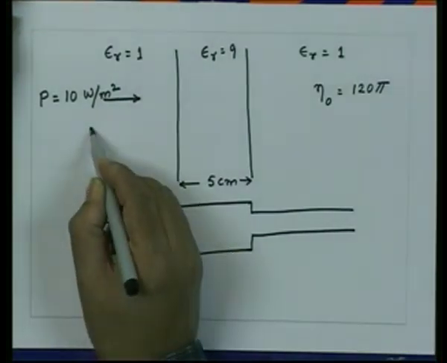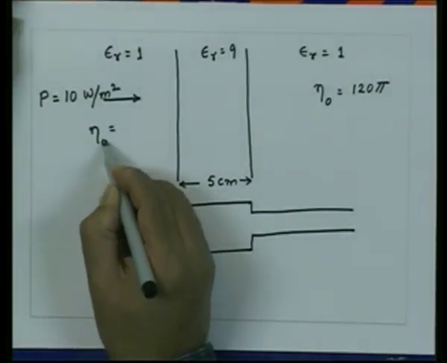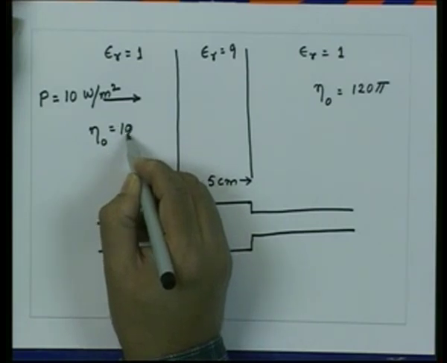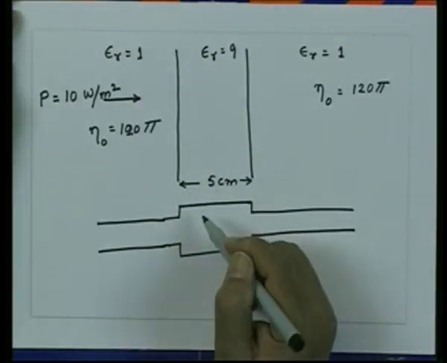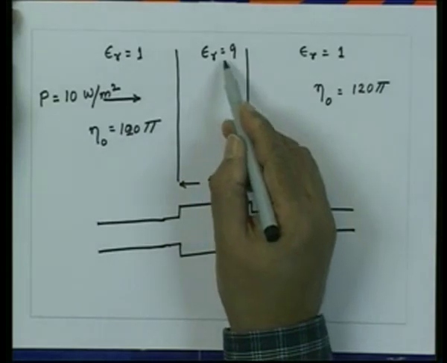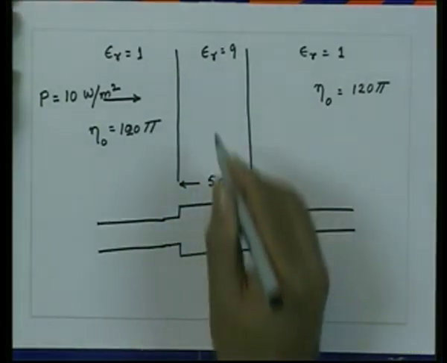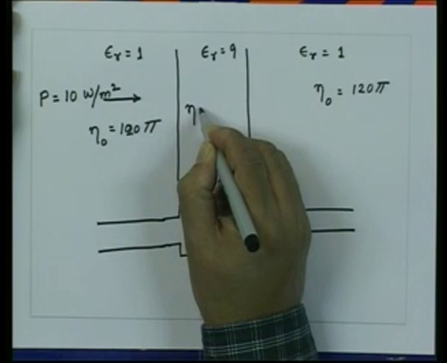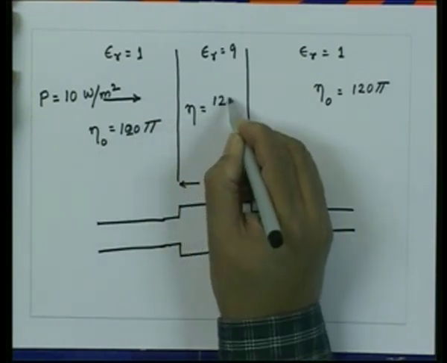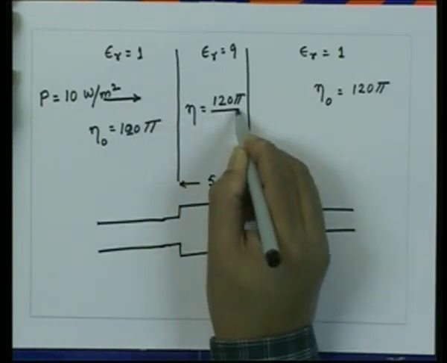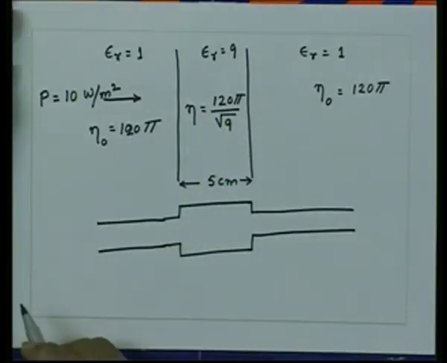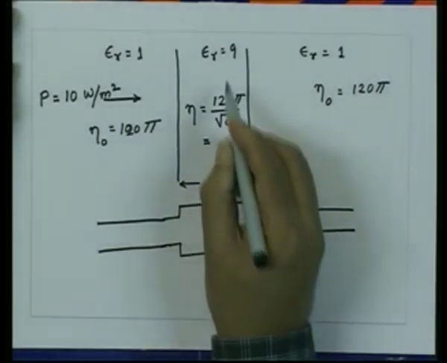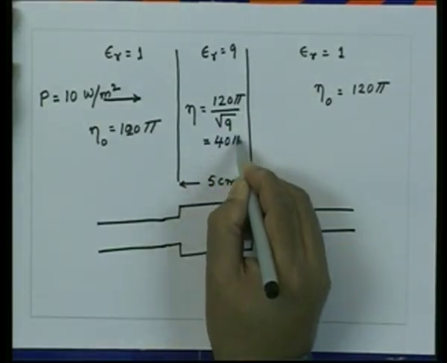Here again you will have eta which is eta 0, 120 pi, and in this case you have an impedance eta which is eta 0 divided by square root of epsilon r. So, you will have eta equal to 120 pi divided by square root of 9, that is equal to 40 pi.